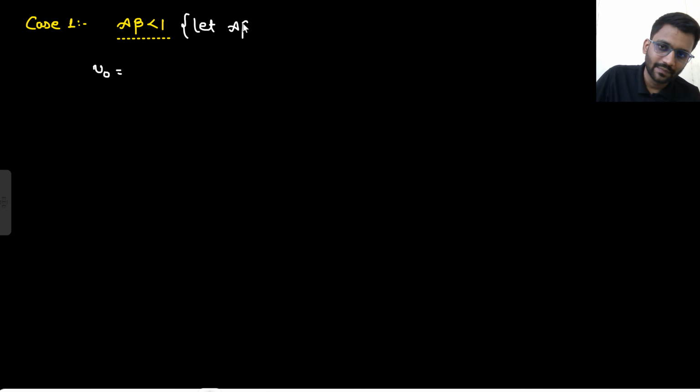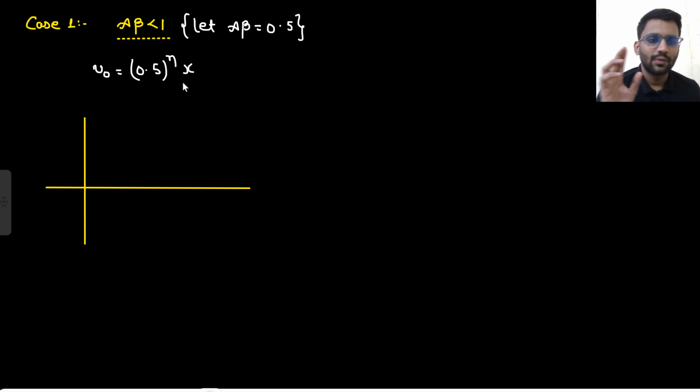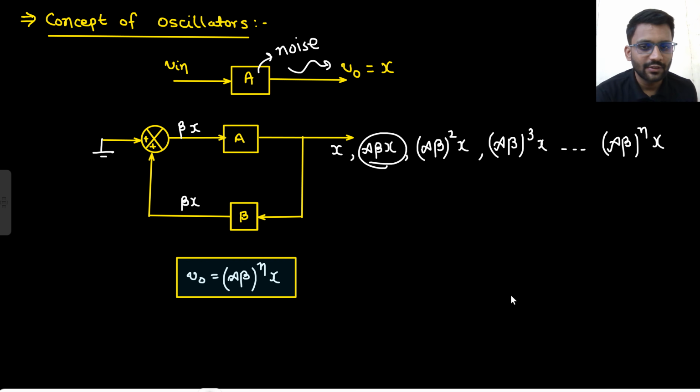First we will take the case where A beta is lesser than 1. Let A beta be 0.5. So your output will be 0.5 to the power n X, right? After the first cycle, what you will get?